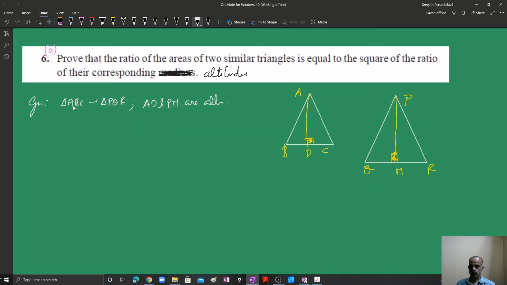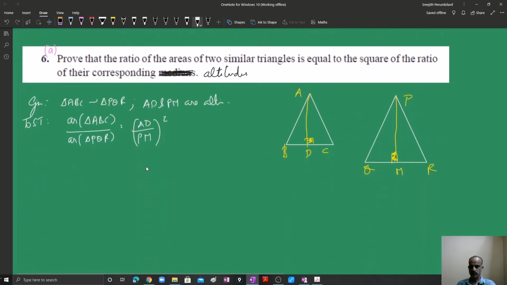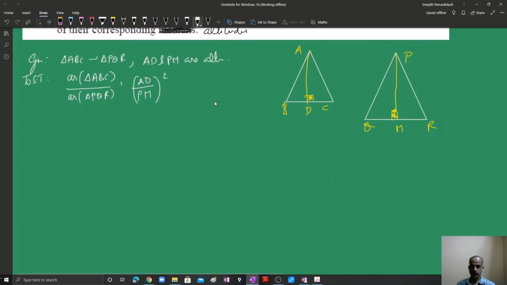Now you know what is to be proved. To show that the area of triangle ABC by area of triangle PQR is equal to the ratio of their corresponding altitudes, AD by PM whole square. Same expression, but the only difference is that here they are altitudes.